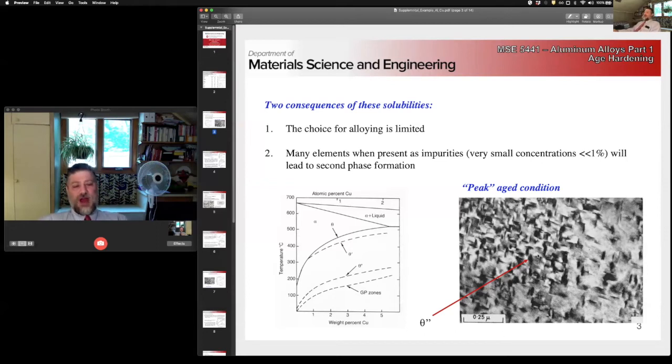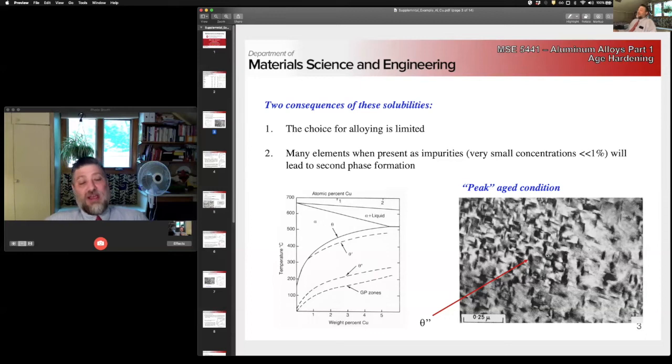But what we're trying to do, this is a TEM micrograph, is get microstructures that look like this. What we want is a very fine dispersion of strengthening precipitates, right? In this case, these are the theta double prime. This length scale here is 250 nanometers, right? So these dark regions are not actually the precipitates themselves.